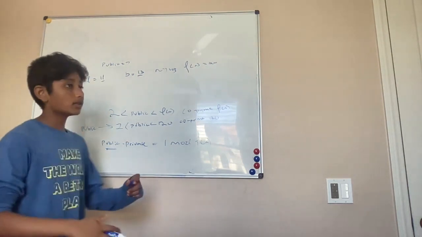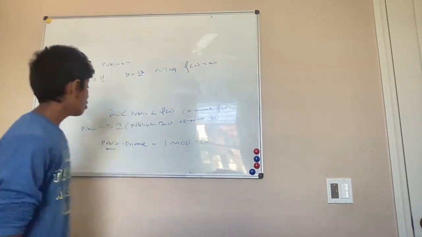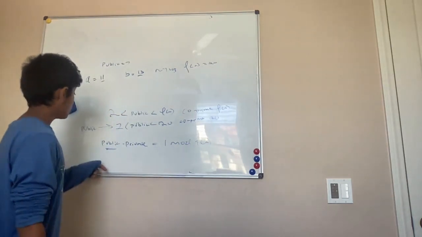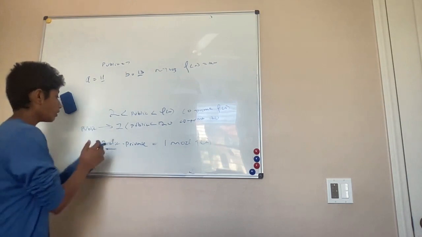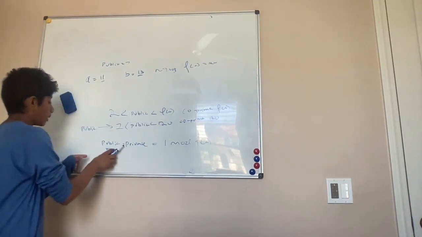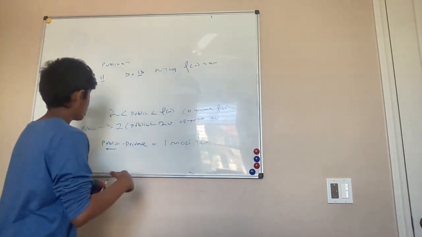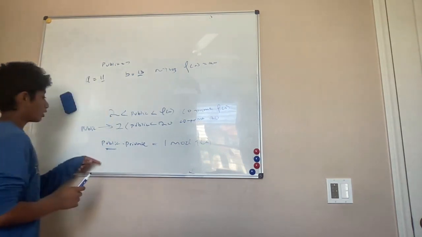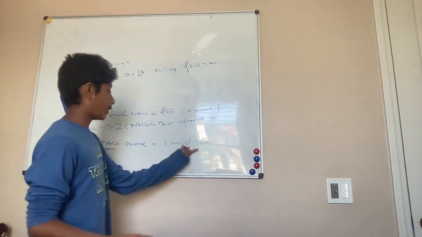Now, why do we need a public key to find the private key? Well, remember that you can't just find the private key with the public key, because you wouldn't know what this φ(n) is.